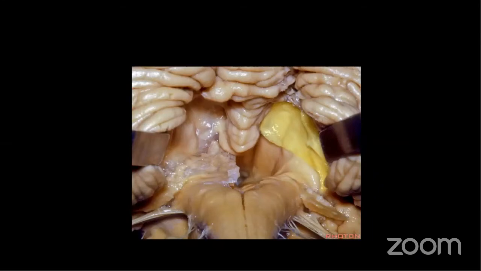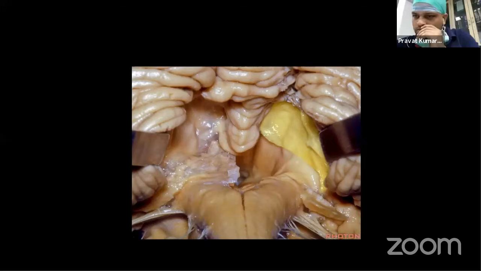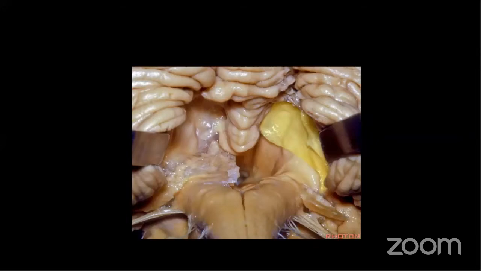It's a little difficult one, isn't it? Okay, we have Parvat Kumar here. Yes, please. It is superior cerebral peduncle. Sorry, unfortunately, it is not superior cerebral peduncle. I would like to show the superior cerebellar peduncle.